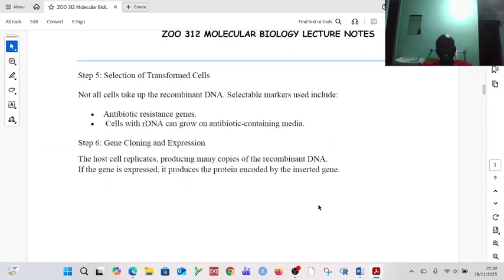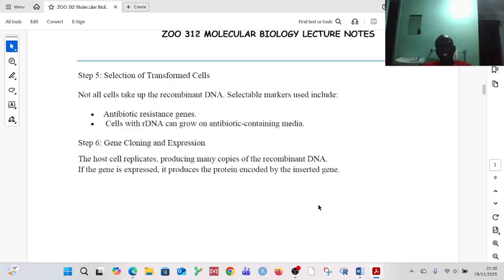Once you've done that, you need now to check, because possibly not all of the cells will be transformed. Some host cells zitakuwa zimechukua vector imeingia ndani na zingine zitakuwa hazijachukua vector. So mostly there are markers zenye mtu unaweza tumia kujua kwamba hii imechukua the recombinant DNA ama hii ingine haijachukua recombinant DNA.